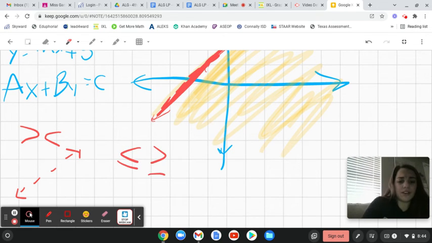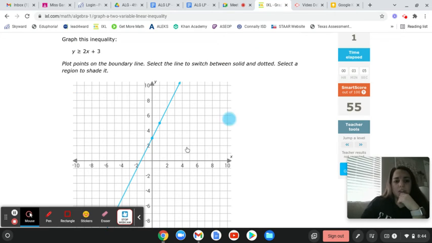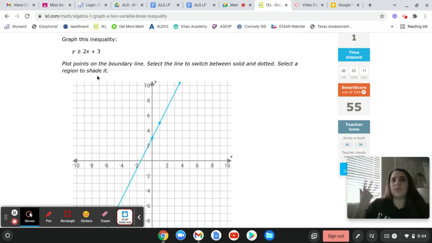If we have greater than or equal to, it's solid. Quick little note, just so I can go back to look at it here in a second. Let's go back here. So now this is going to be a little bit trickier. Remember, the x was kind of easy because it was like a number line. However, this one is y is greater than 2x plus 3.